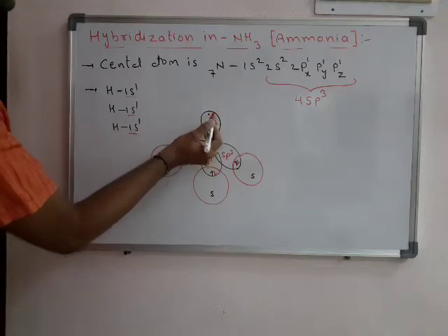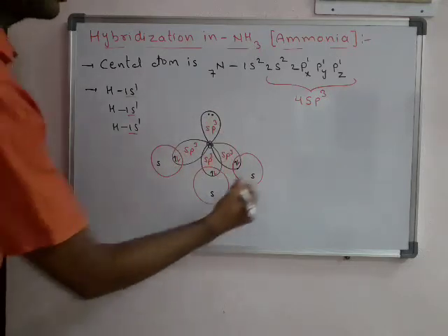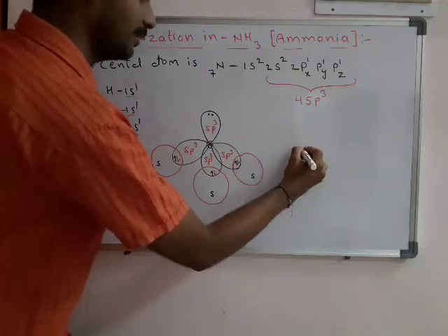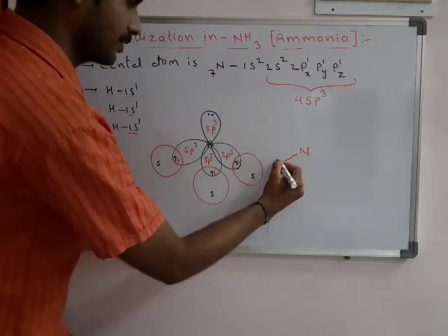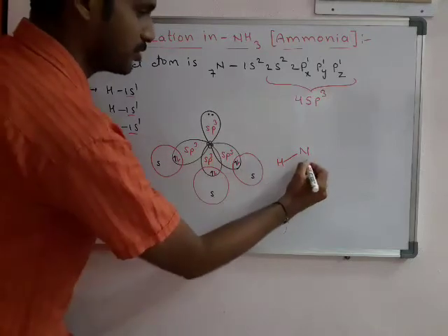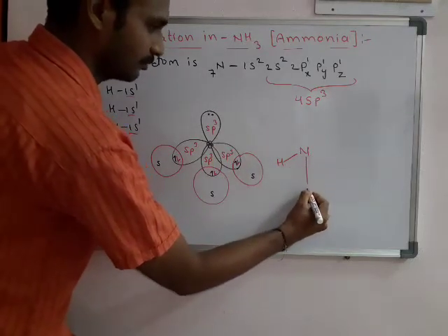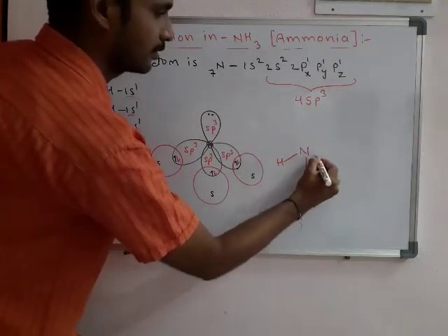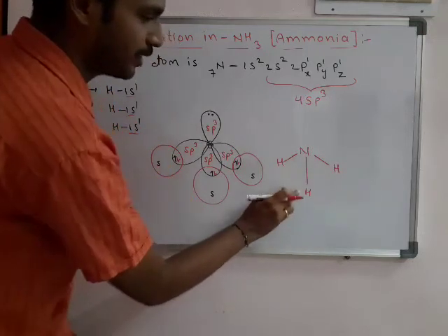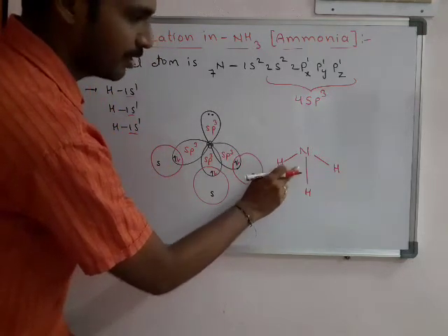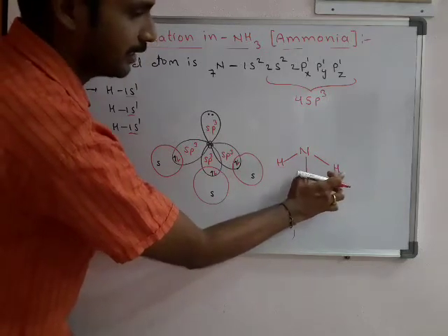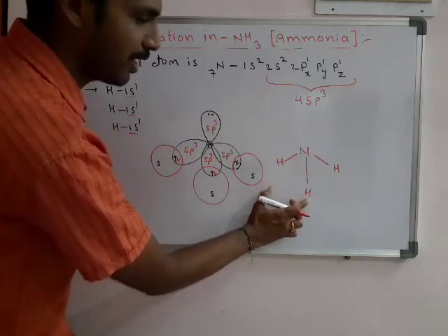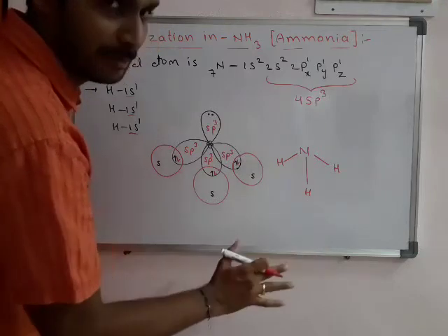In one sp3 there is already a lone pair present. Now we can write the central atom nitrogen having a bond with one hydrogen. Always draw the central hydrogen differently from the side hydrogens, because these two hydrogens and this one hydrogen are present in different planes.